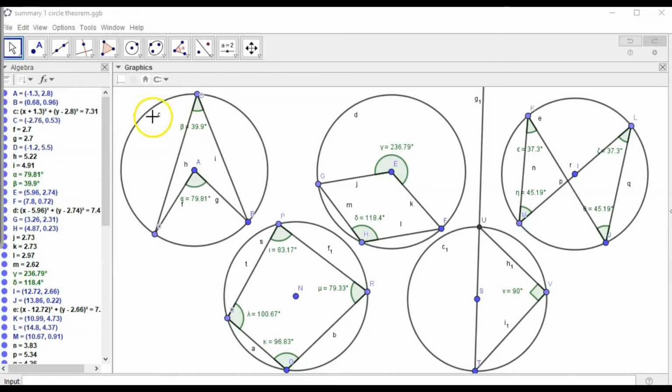So with the help of our Geogebra board, we found out that this is the nature of the arrow theorem, and it defines as twice the angle subtended at the circumference of the circle equals the angle subtended at the center of the circle, on condition that they subtend on common points or common chords or common arc.